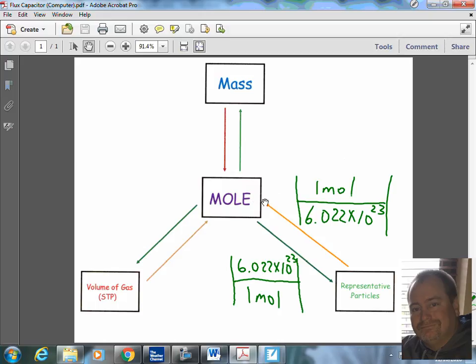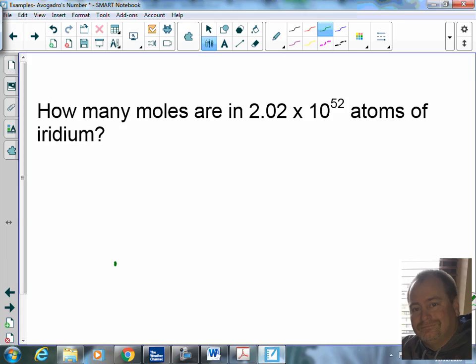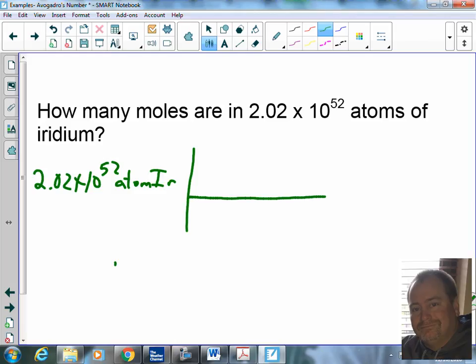So my conversion box is right there. So I take 2.02 times 10 to the 52nd atoms of iridium. I make my conversion box. What do I want to put on the bottom?